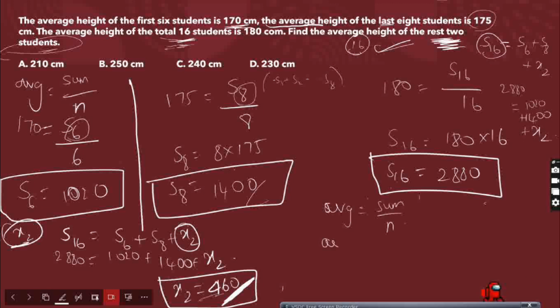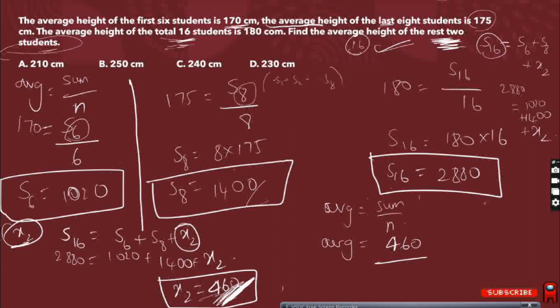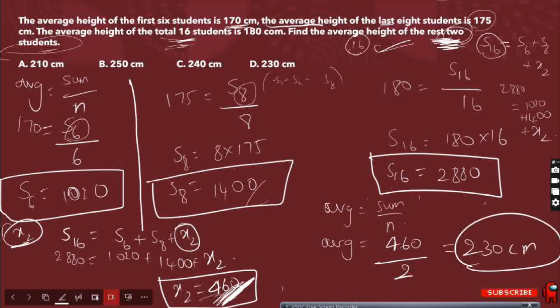So average is equal to the sum of 2 students, which is 460, divided by the number of observations. We are calculating 2 students only, right? So 460 divided by 2 will give you 230 centimeters. So this is the average height of the rest 2 students, right?